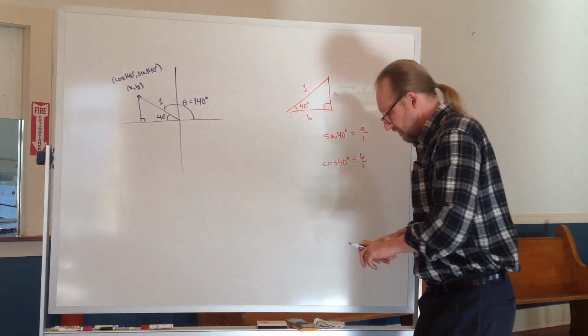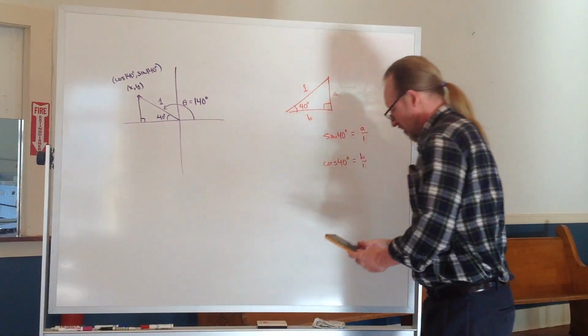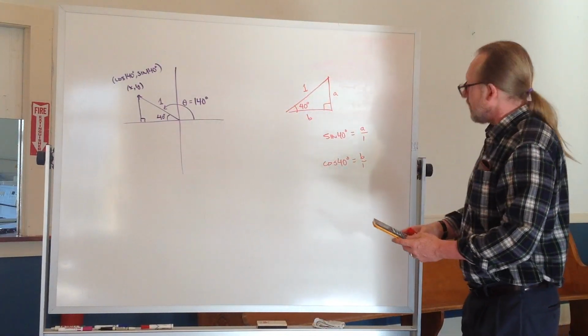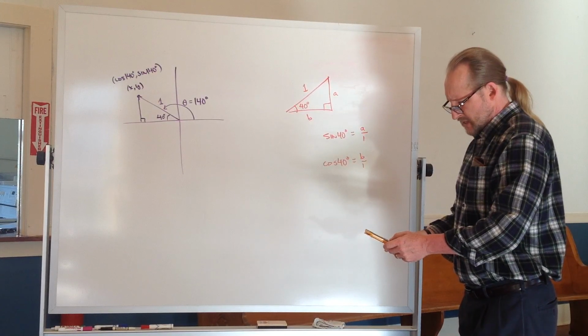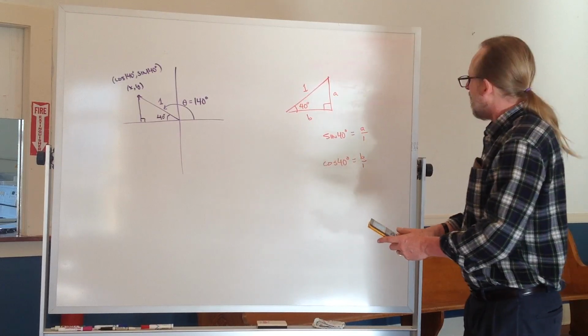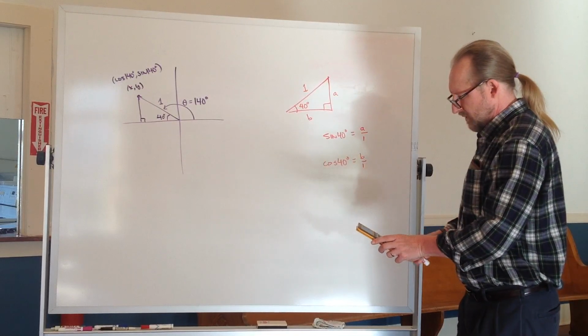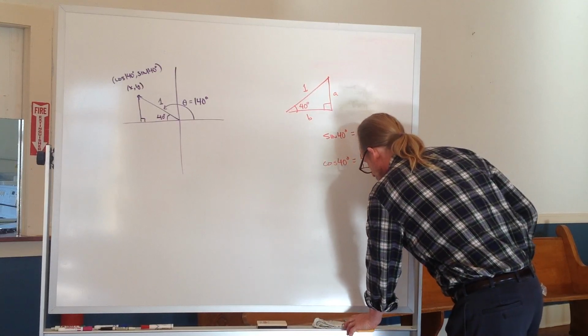So let's see what those values are. Sine of 40 degrees, making sure I'm in degrees, is about 0.6428.